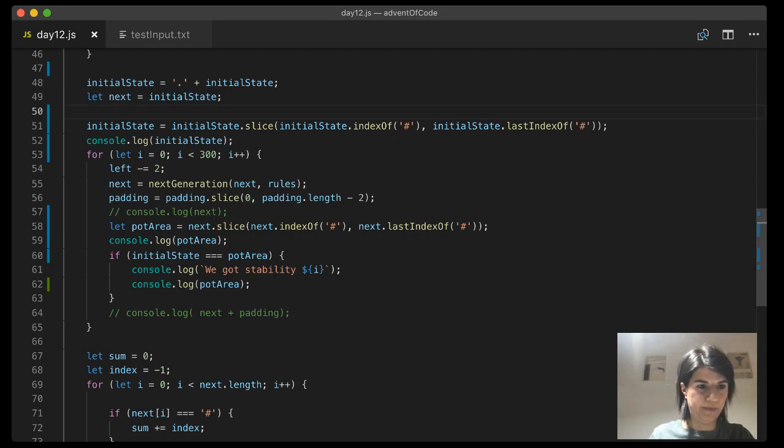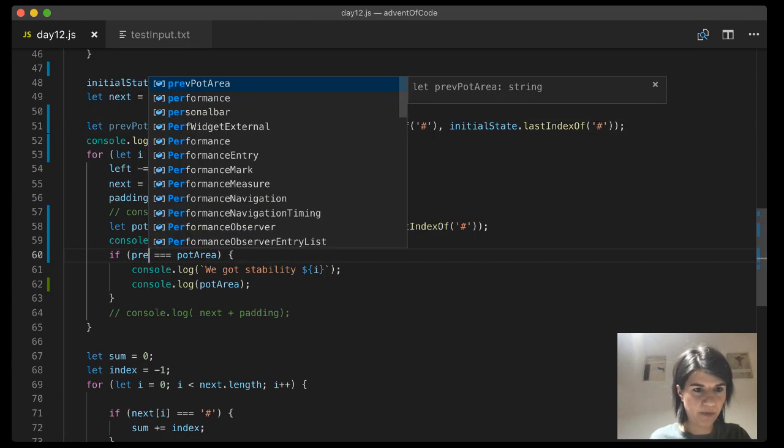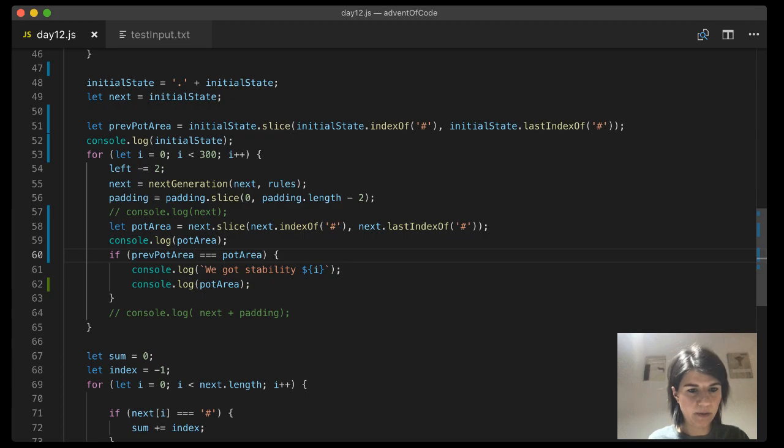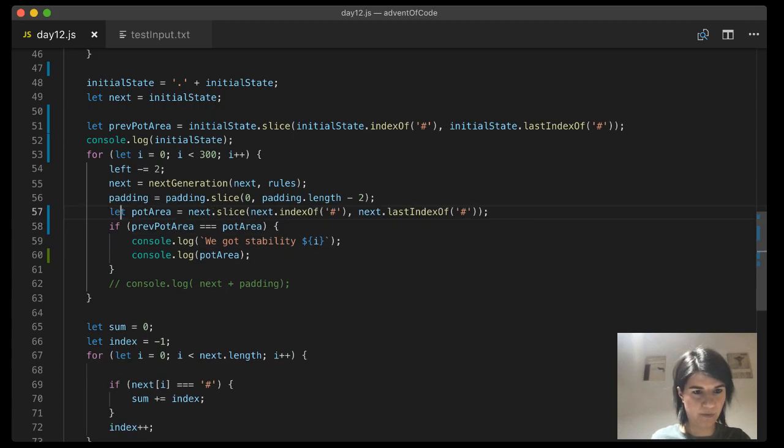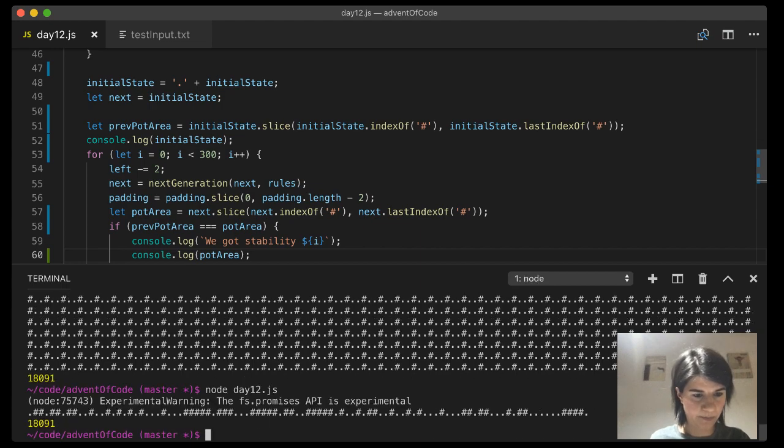Let previous pod area equal this, and let the pod area, so if previous pod area is equal to the pod area, then we get stability. And then we could print it.